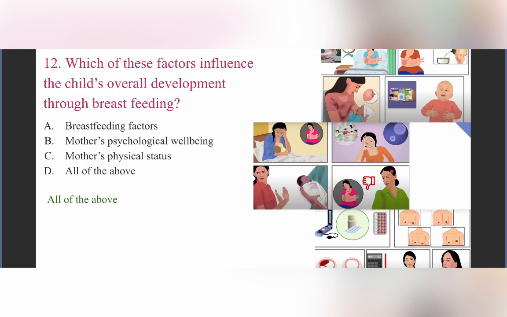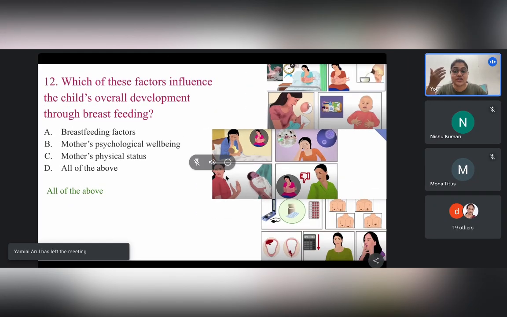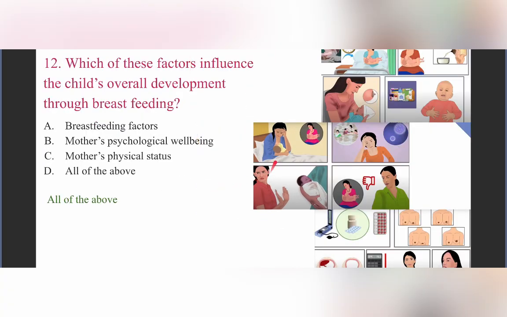But there might be a few instances where the mother is unable to bond with the child, or is not able to take care of the child, or is very young and underconfident as to how she will take care of her child or breastfeed her child. It can also depend on, like here they have mentioned the COVID scenario and the different stress through which the mothers can go. So all of these psychological factors also impact the entire process.